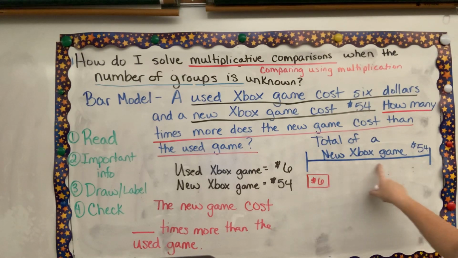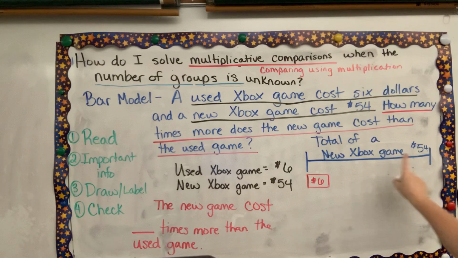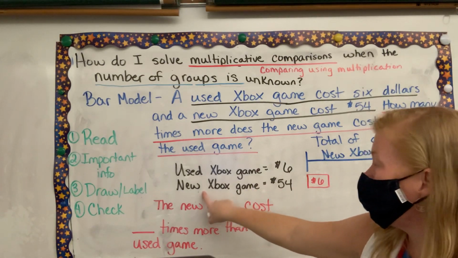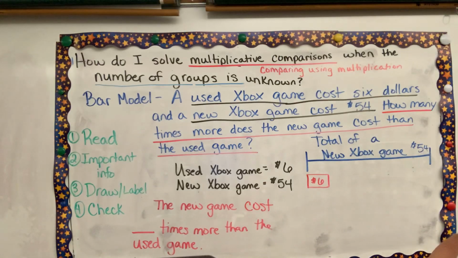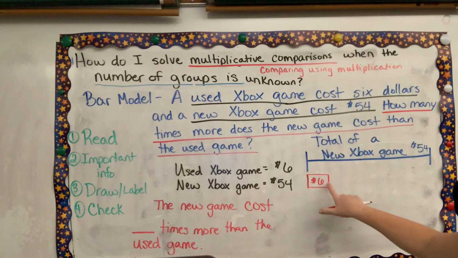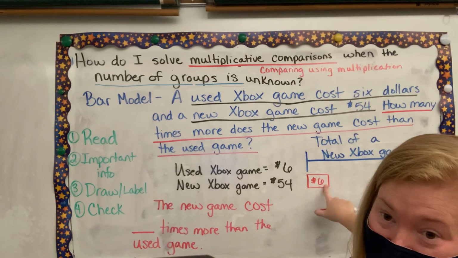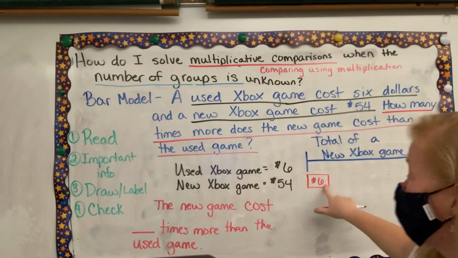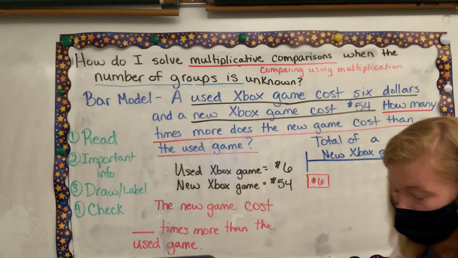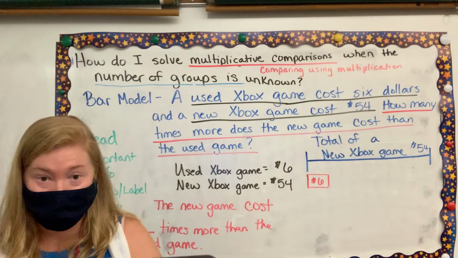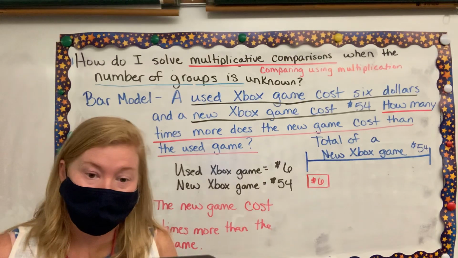And then what do I need to do to figure out how many times more the new game is than the used game? What do I have to do? Because remember, every one of the bars that I put in here has to be the same size. That's what's most important. So every one of these bars is going to have to be the same size. Ava, what are we going to do?